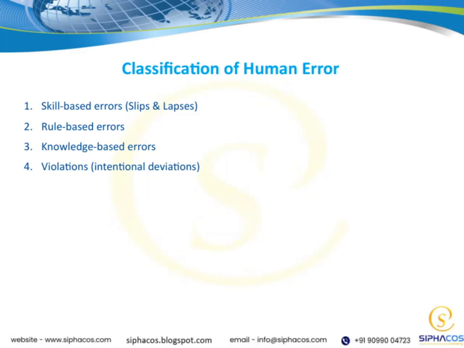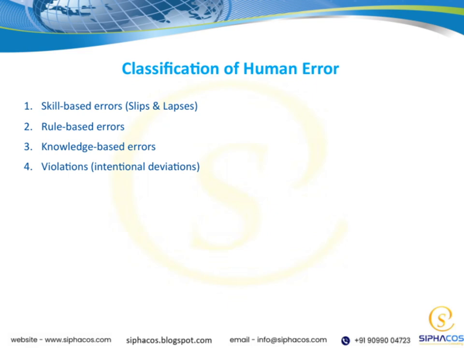First, we have skill-based errors, which often include slips and lapses. These are usually small, unintended actions that happen when we're distracted or not fully focused. Next are rule-based errors, which occur when someone applies a rule incorrectly or misjudges a situation based on existing procedures. Then there are knowledge-based errors, which happen when a person lacks the necessary knowledge or understanding to handle a situation properly.